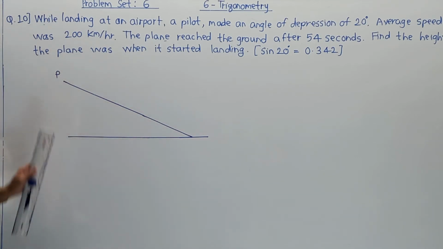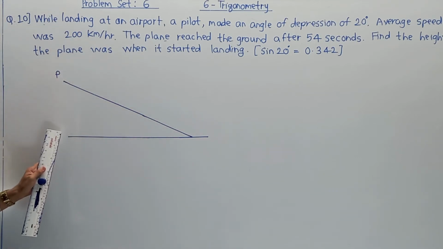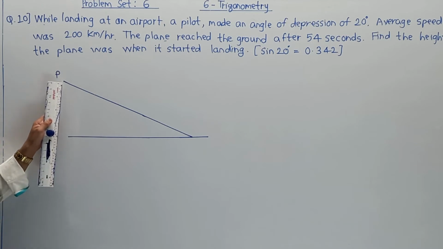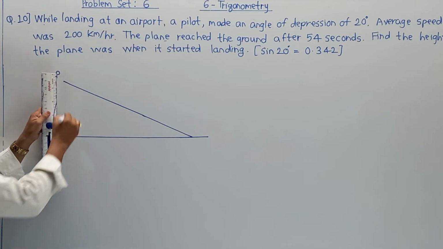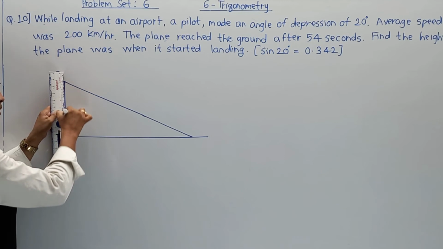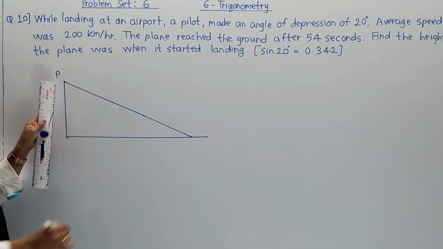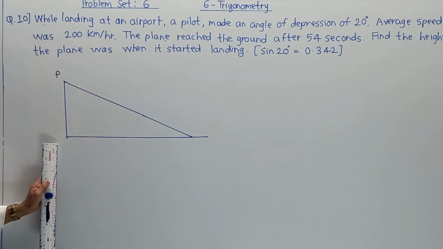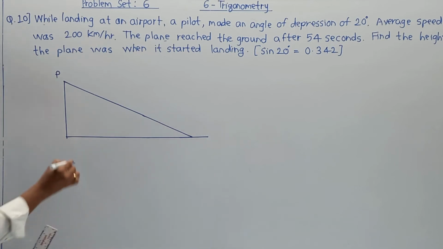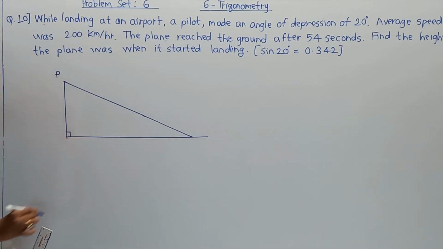Naturally this plane is at a particular height from the ground, so I am going to draw that line over here. Naturally this height and the basement surface make an angle of 90 degree with each other.